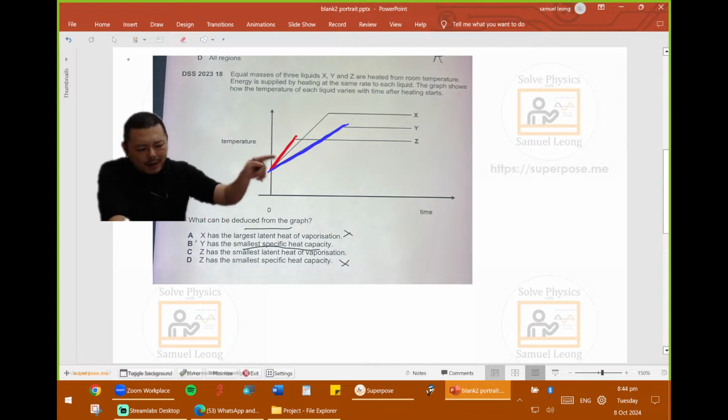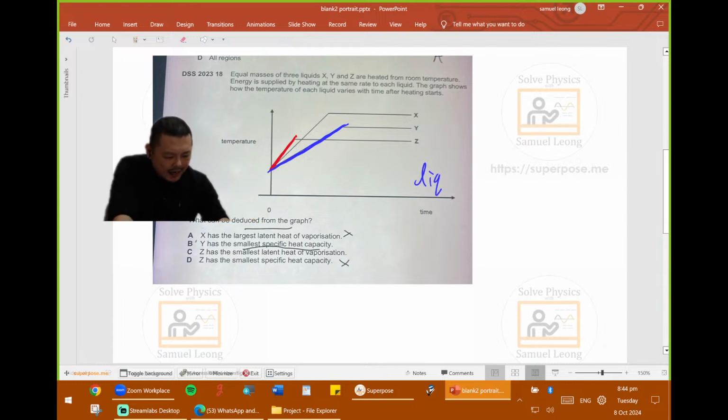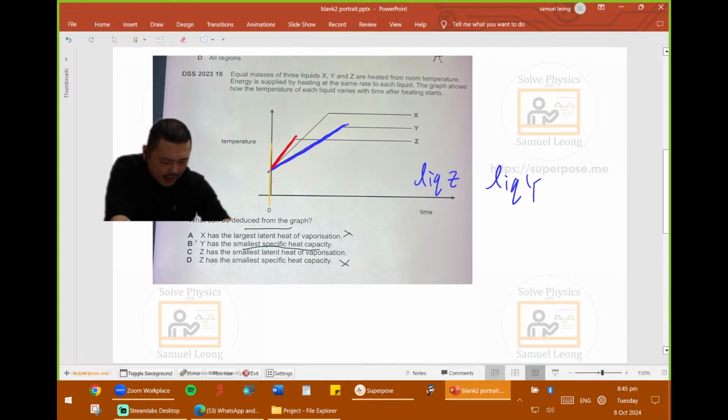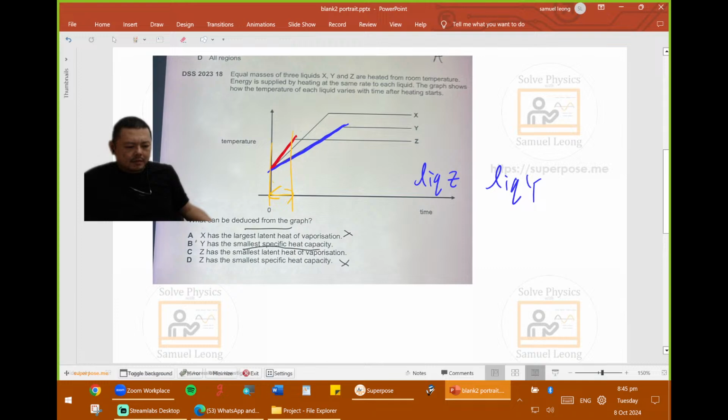So let's say I compare liquid Z and liquid Y. I want you to tell me in the same amount of time, which one rises by temperature more? Liquid Z, right? It rises faster in the same amount of time of heating.